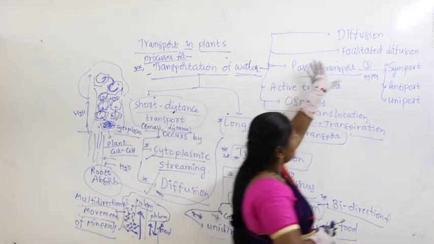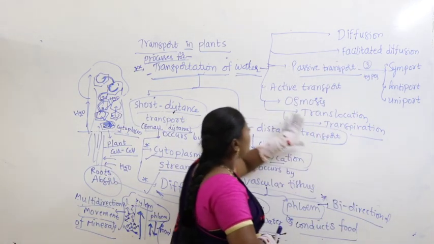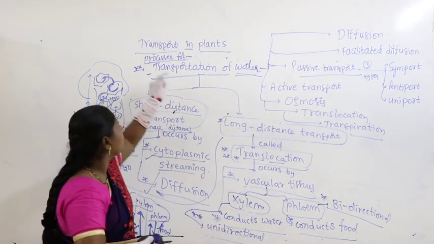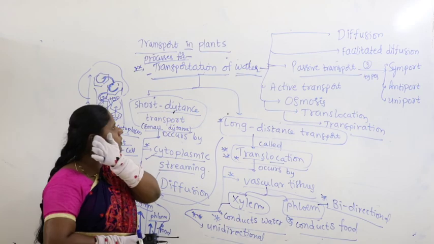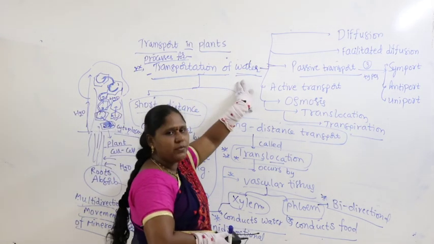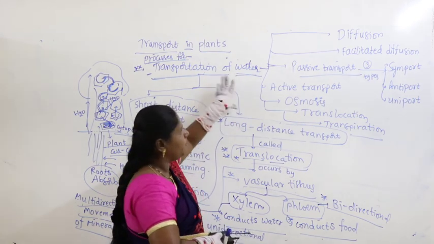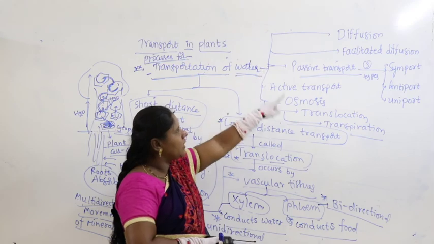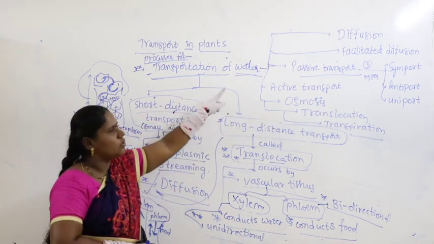If you complete the study of all these processes, then that is the total chapter of transport in plants. So, let us study now. Transport of water occurs by different processes at different pathways. What are the different processes which play a vital role within the plant for the transportation of water?